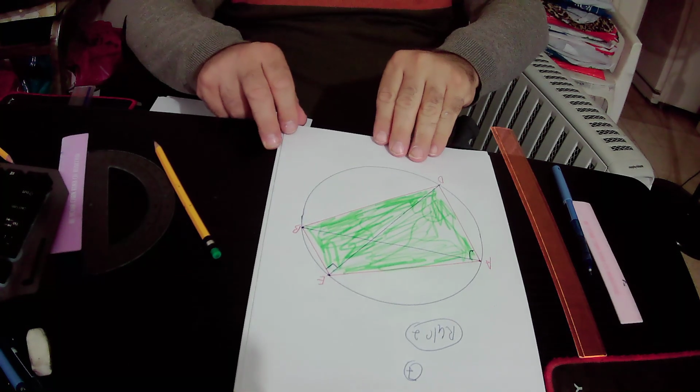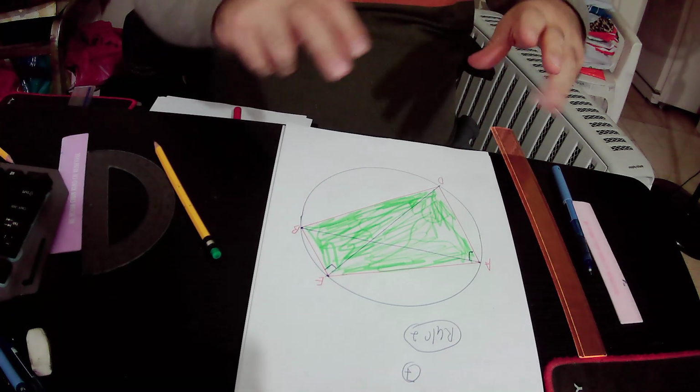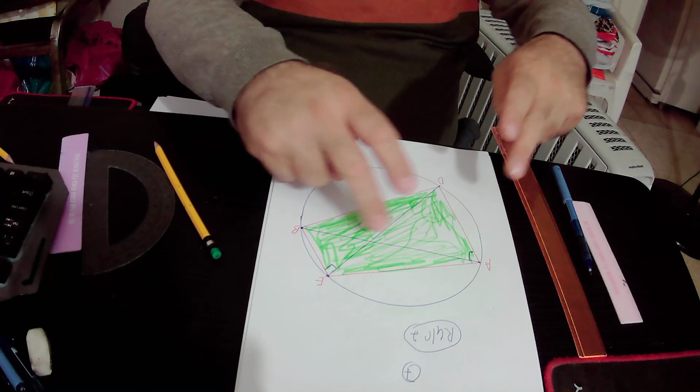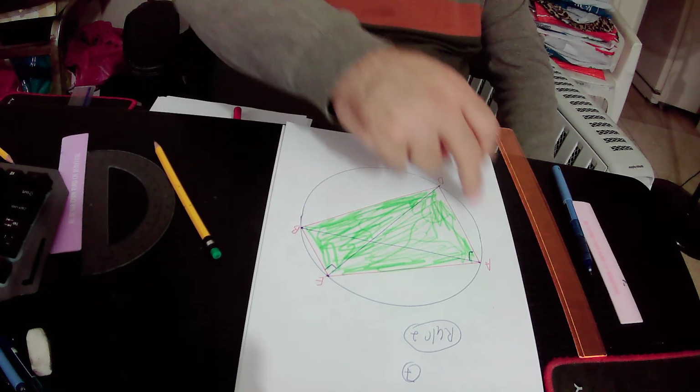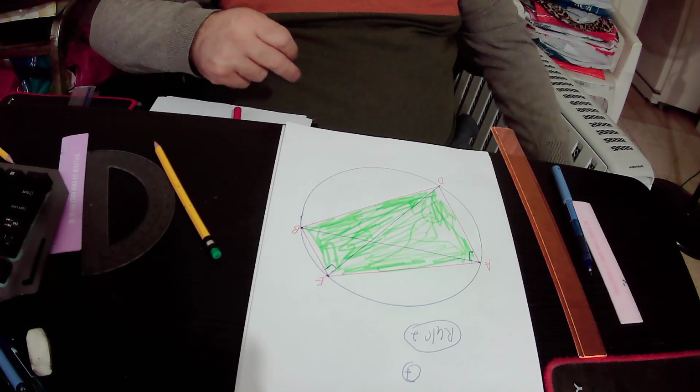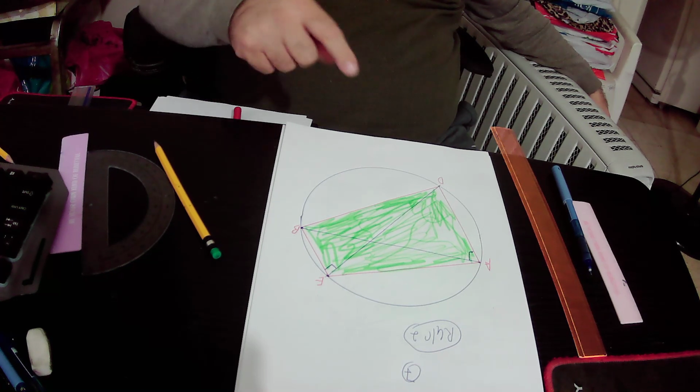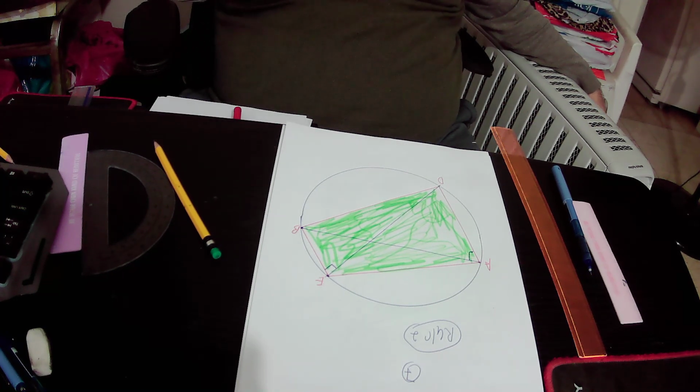So we have this quadrilateral AEBD that is described by this blue circle. Therefore, we can implement rule number 3 in this drawing.